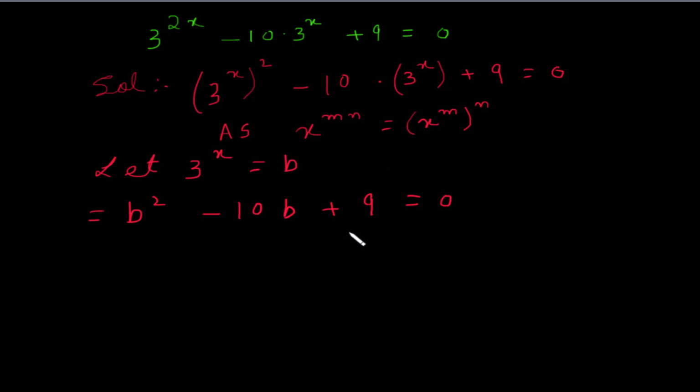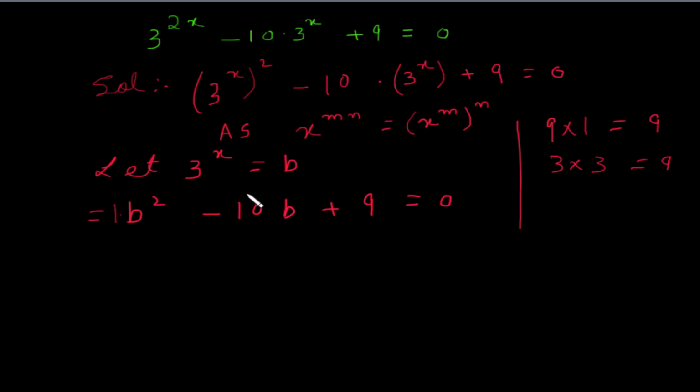The terms on the left side have nothing common in them. To factorize this quadratic equation, we will first look for two numbers that multiply to give 1 × 9 and add to give the middle term, minus 10b. So this is rough work. To find such numbers, we write all the factors of 9: 1 × 9 is 9, and 3 × 3 also gives 9.